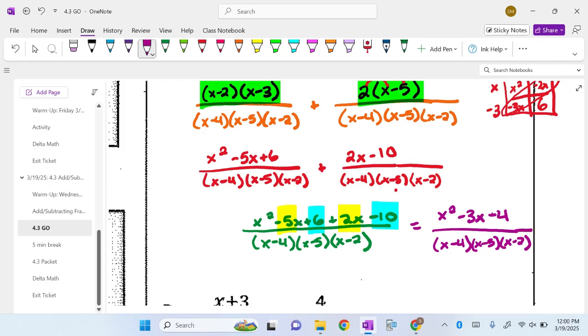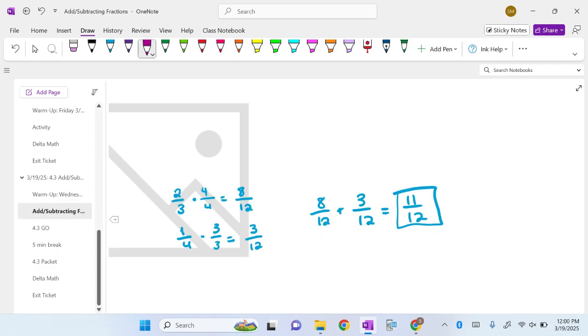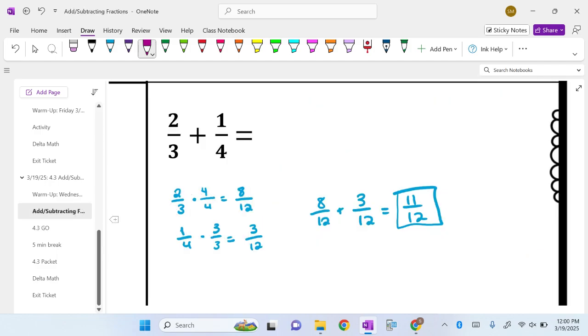Now, we're still not done yet because like any fraction that we add or subtract, we always want our answer to be in what form? Well, think about when we're doing fractions. So when we did the fractions here, what were we shooting for? Our answer to be simplified.